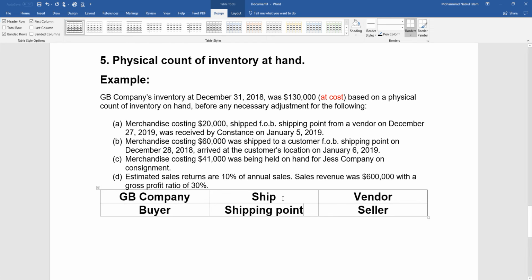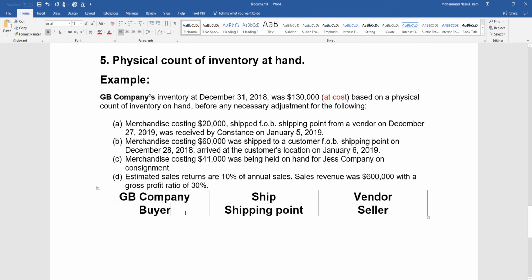The ship is in between the GB company and vendor. So we are the accountants of GB company. So here GB company is the buyer. As soon as the ship leaves vendor's dock, the ownership goes to the GB company. So we have received them on January 5, but on December 27 it was shipped. We are calculating the amount of inventory on December 31st. So definitely this amount should be added. So plus, I'm writing a plus sign over here. It should be added with the amount.